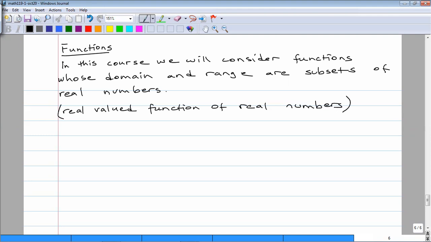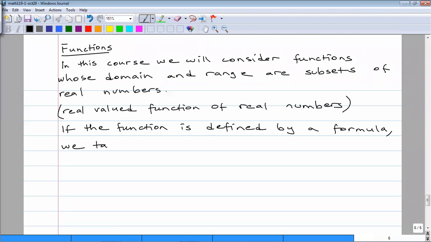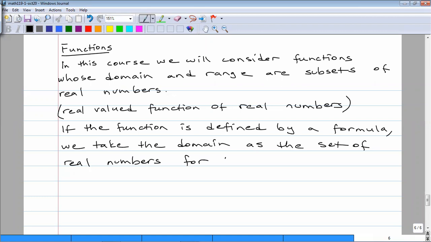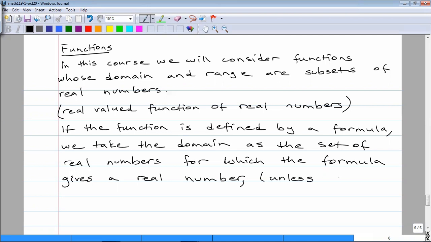Okay. And when the function is defined by a formula, we take the domain as the set of real numbers for which the formula gives a real number, unless stated otherwise.